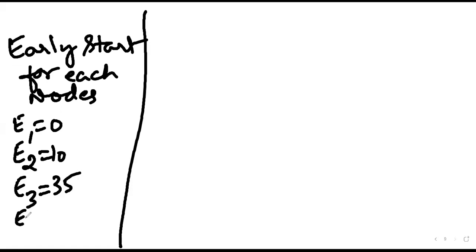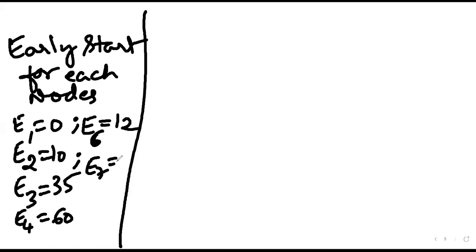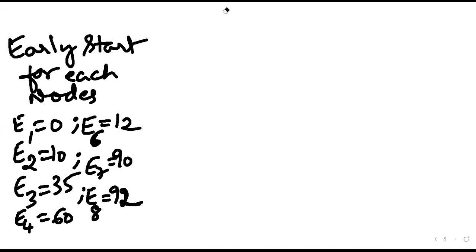E4? 60. What is E5? E5 is not there. E6? 12. E7, 90. And E8, 92. Correct. Is it right? So these things are done.